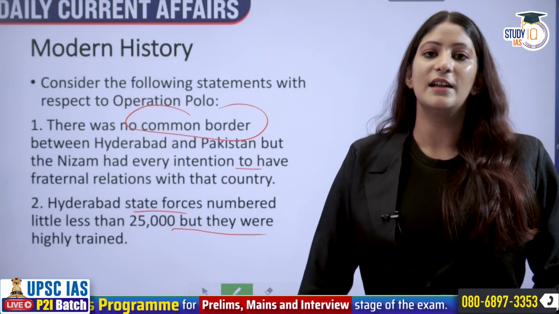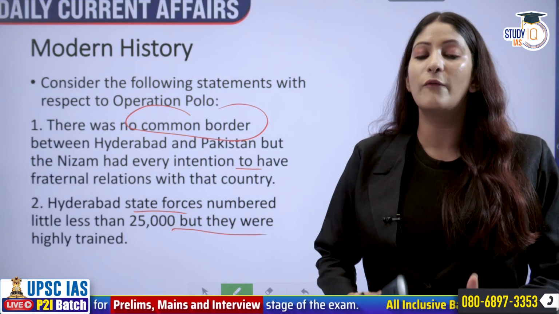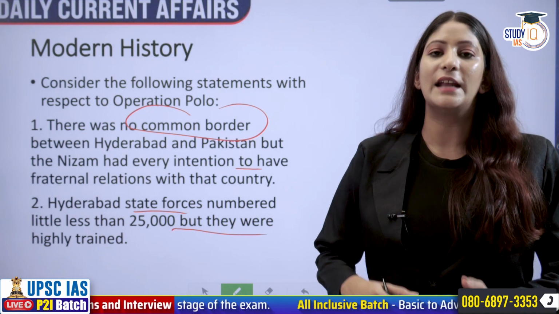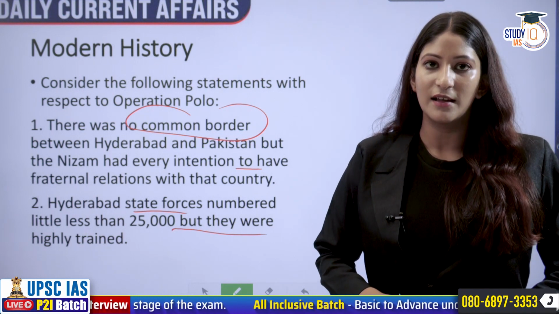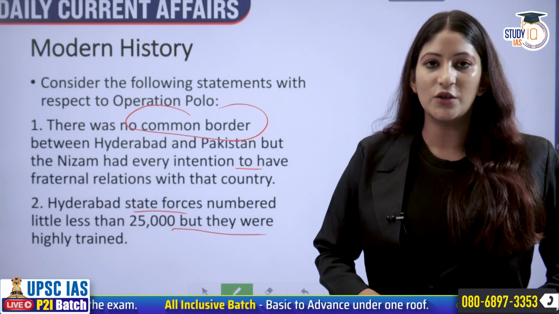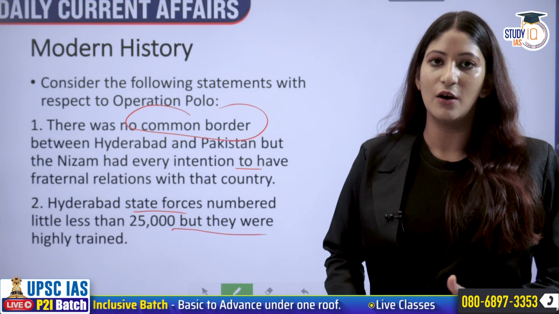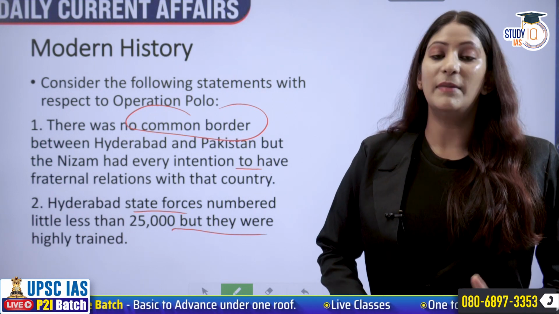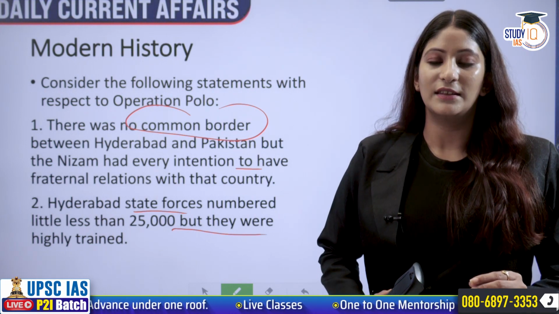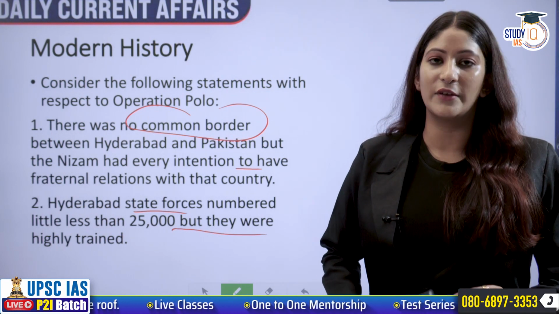See, recently on the 13th of September, we observed the anniversary of Operation Polo, and that was a police action in Hyderabad because Hyderabad had a standstill agreement with India, which wanted to ensure that there remains a status quo. It did not want to join either India or Pakistan, but it had every intention that they would remain in contact with Pakistan.